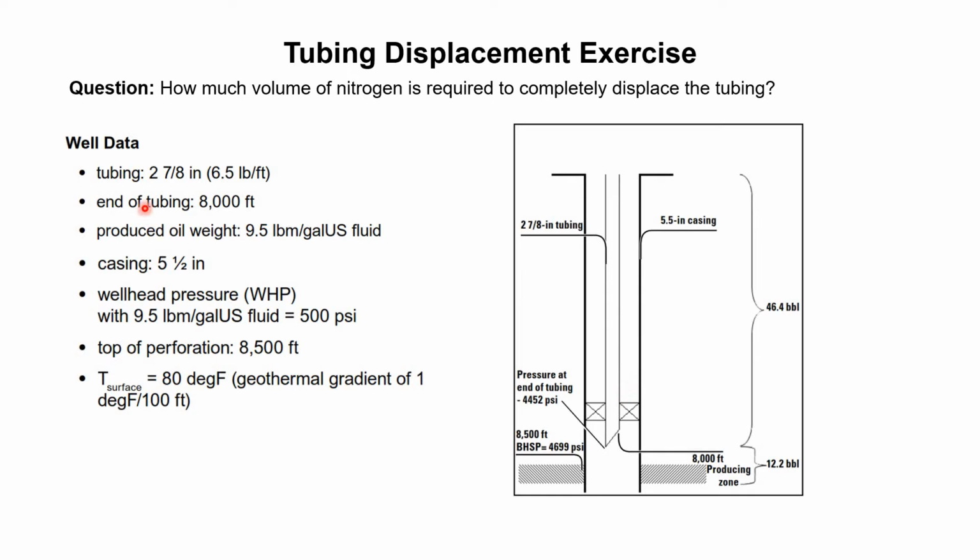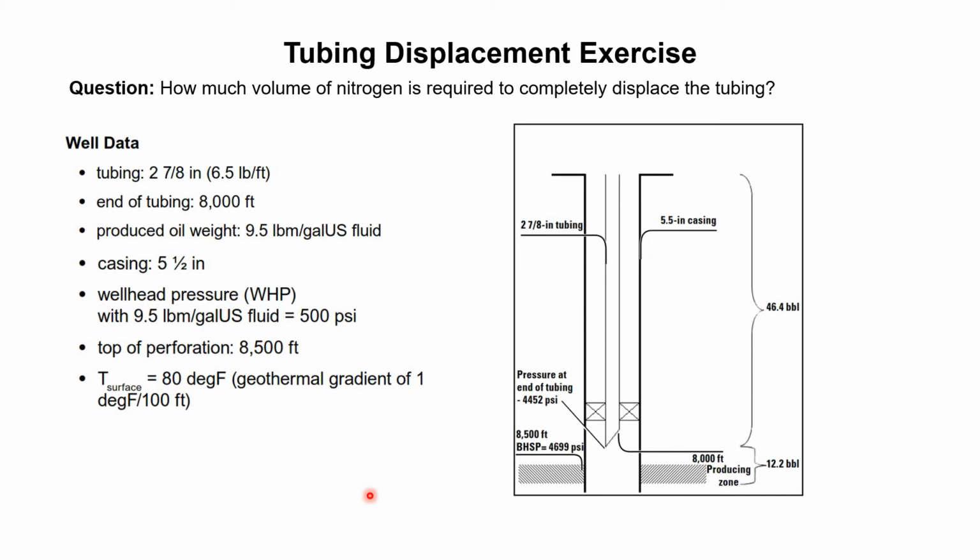So the well data is tubing. Here we have 2 7/8 inch with 6.5 pound per foot weight. End of tubing is 8000 foot, and the density of the produced fluid, that is oil, is 9.5 ppg. Casing size is 5.5 inch.